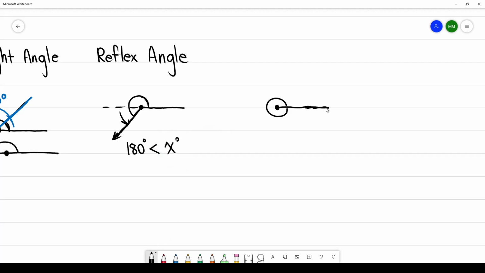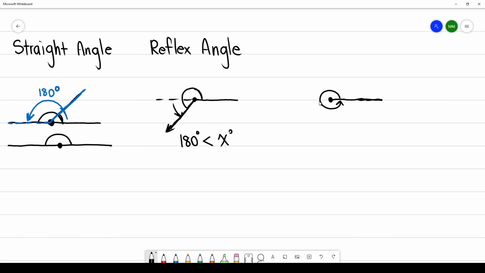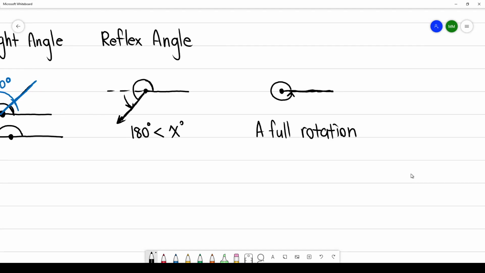And then a special type of reflex angle is when you rotate it all the way around, such that it goes back to this position again. So this here is a full rotation, and a full rotation is exactly double the 180, so that is equal to 360 degrees.